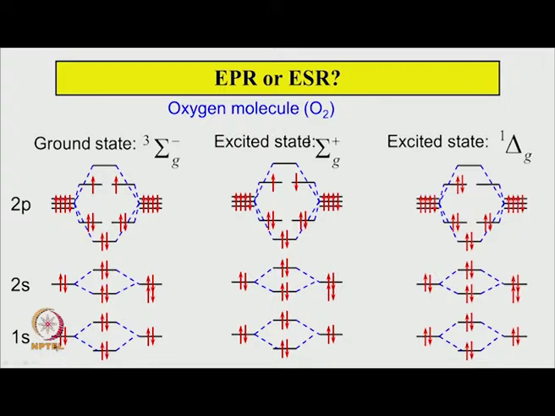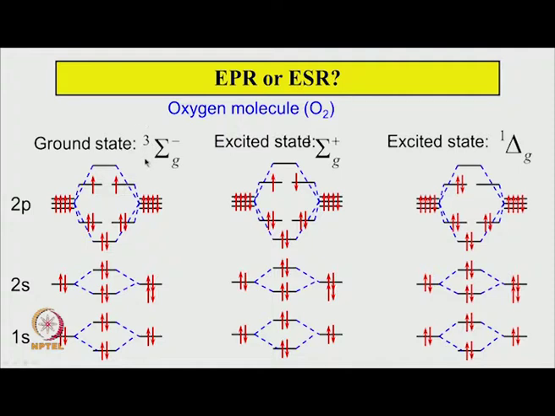So, these 8 electrons from one oxygen atom and 8 electrons from the other oxygen atom produce this electron configuration, and you must have read this in your MSc or maybe undergraduate. Here the important thing is that these 2 electrons are unpaired, occupying 2 different pi orbitals. So, that produces the triplet state of the oxygen molecule. So, oxygen molecule in the ground state is a paramagnetic species, and one can actually see its EPR spectrum.